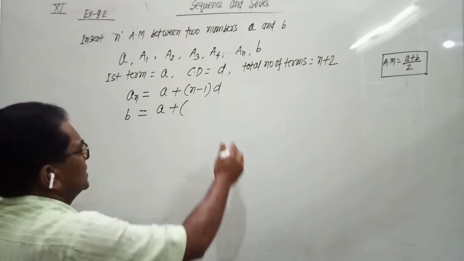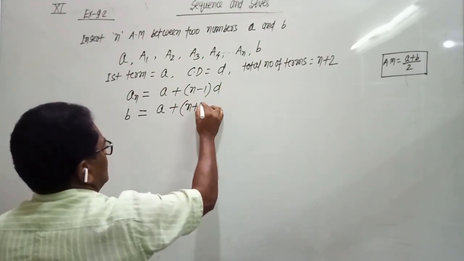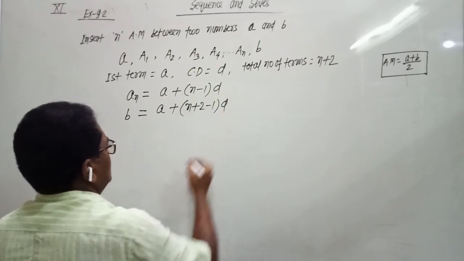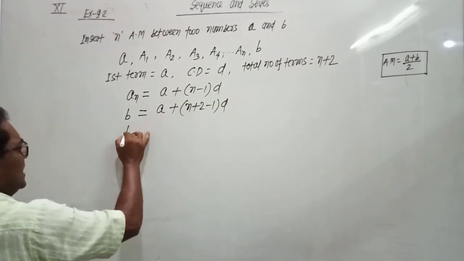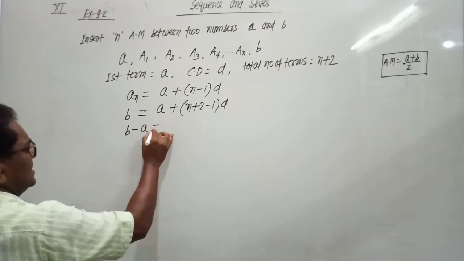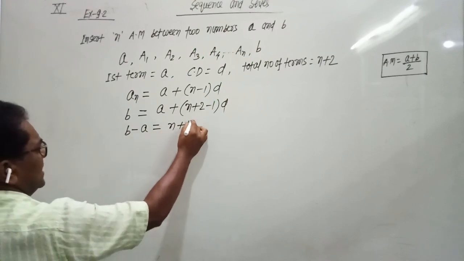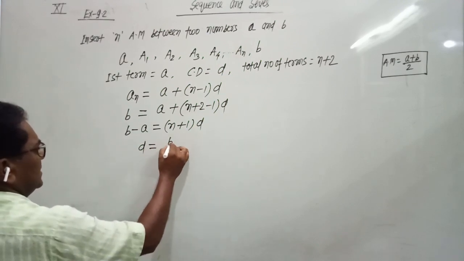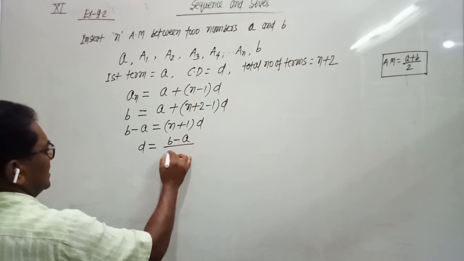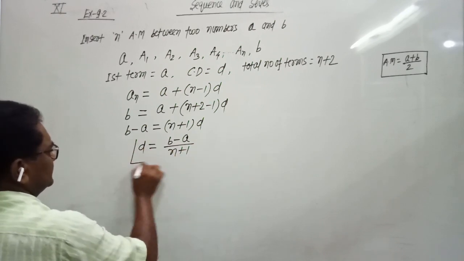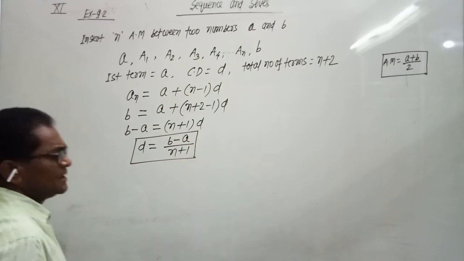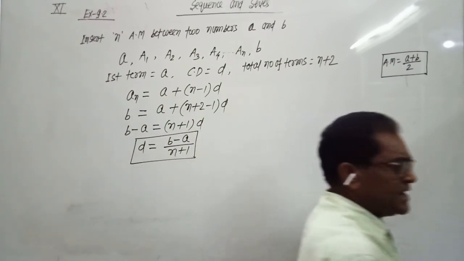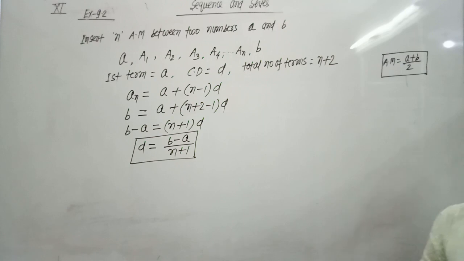So B equals A plus (n plus 2 minus 1) into D. A goes to the left side, so B minus A equals (n plus 1) into D, and the value of D equals (B minus A) upon (n plus 1). This is the expression for the common difference.